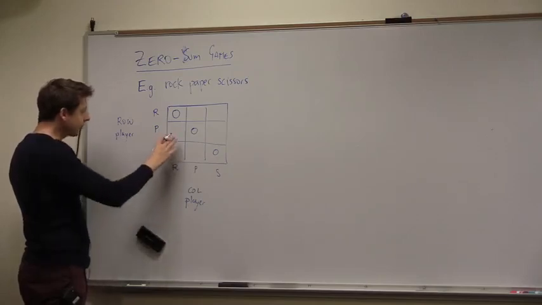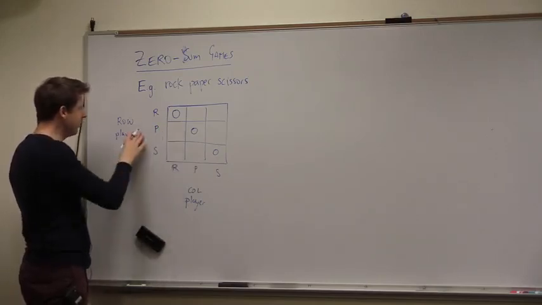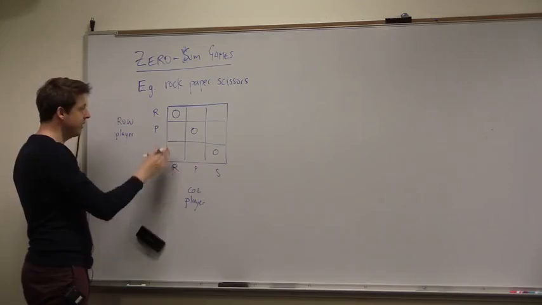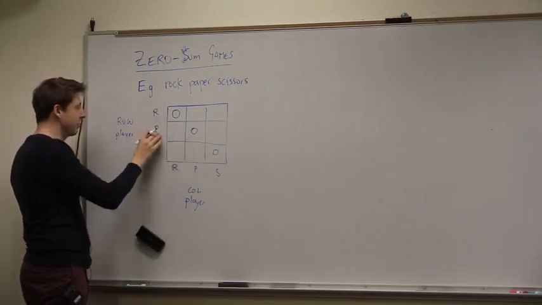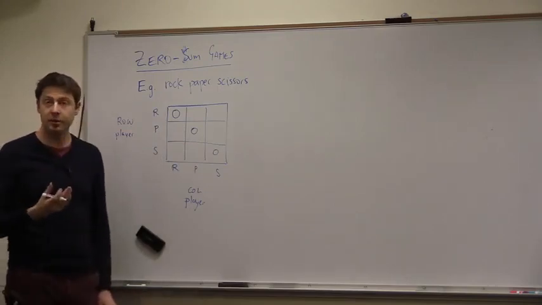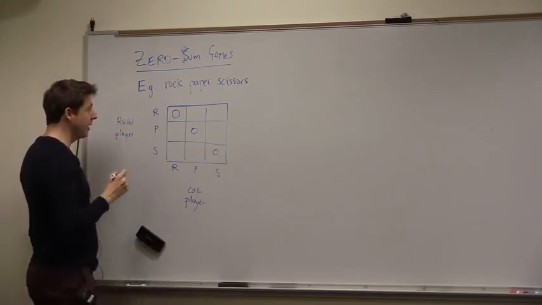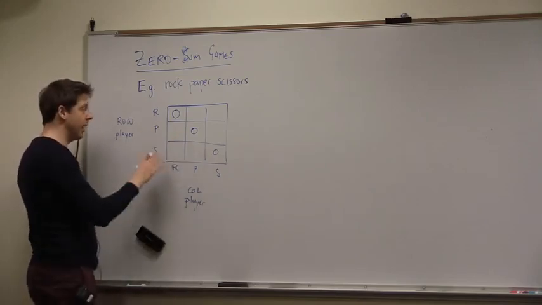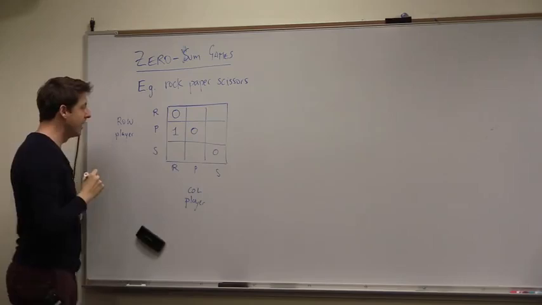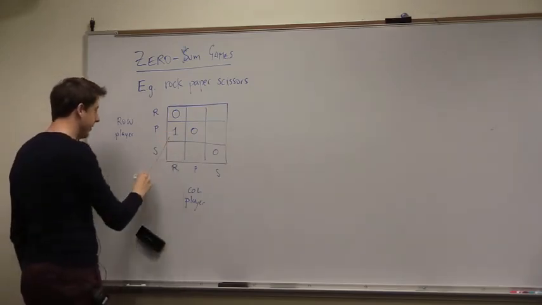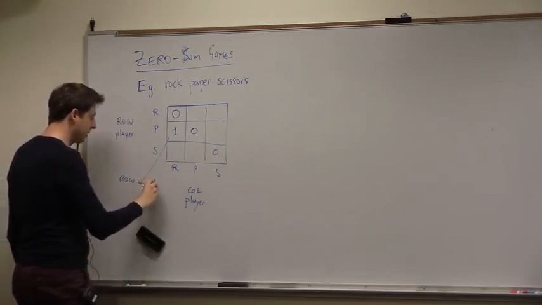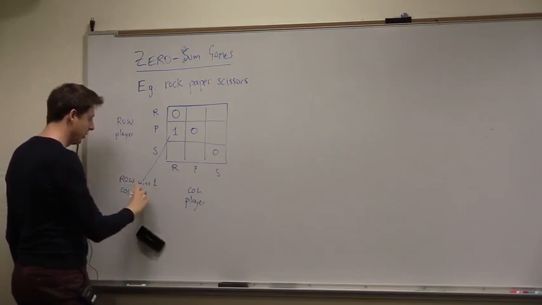And now let's look at, for example, the case where the row player plays paper and the column player plays rock. In this case, the game dictates that the person playing paper, the row player, wins. So how do we denote in this game that this person wins? Well, we're going to take always in zero-sum games the perspective of the row player, and we're going to put, let's say, a 1 here. Now, this 1 here signifies that row wins 1 and column loses 1.